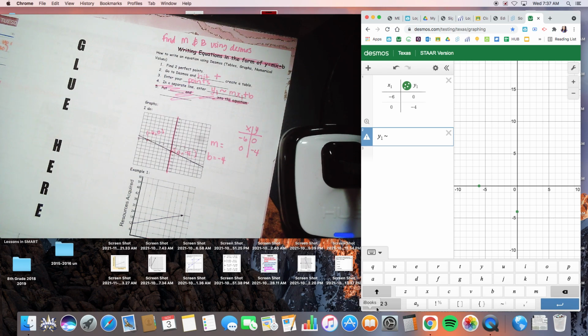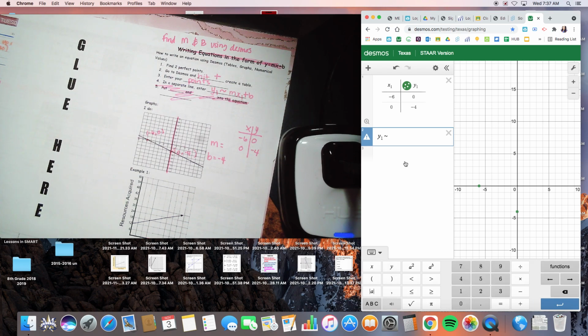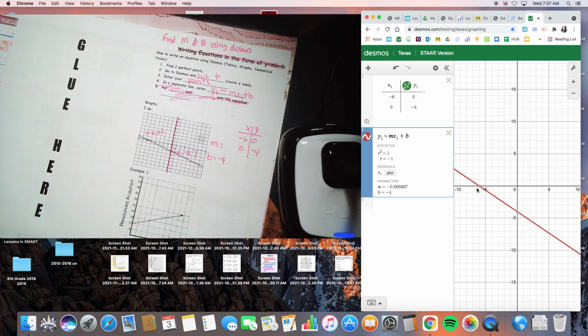Okay? So MX, and remember the Y has a 1, so the X has to have a 1, plus B. And there is your slope. So your slope is -0.66666. It really means it's -2/3.